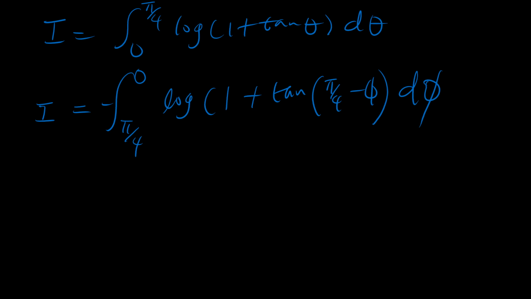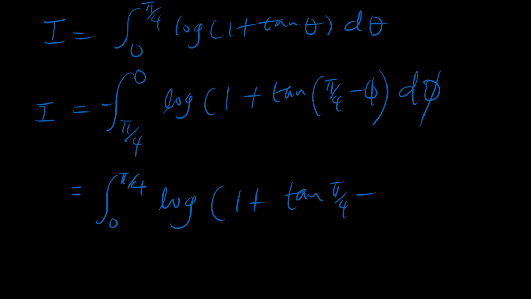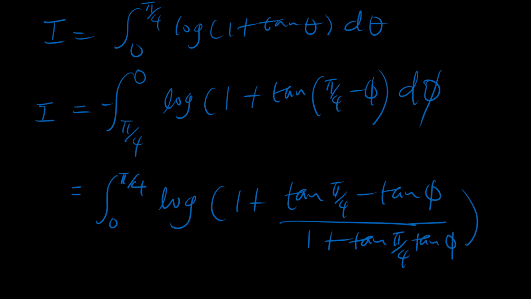Now the negative sign allows us to flip the limits, so we have log of 1 plus tangent of pi over 4 minus tangent phi over 1 plus tangent pi over 4 tangent phi d phi.